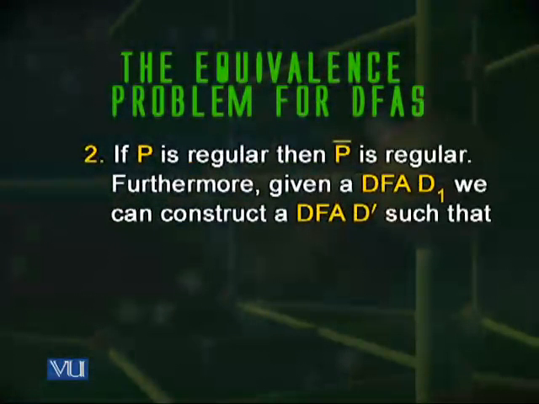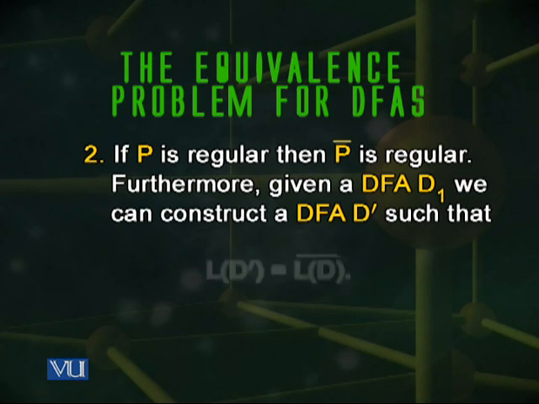Another fact we will use is the following. If P is regular, then the complement of P is also regular. Furthermore, if you are given a DFA D1, we can construct a DFA D prime such that the language of D prime is the complement of the language of D. This is very easy to do. You must have already seen this algorithm that converts a DFA into one that accepts the complement of the original.